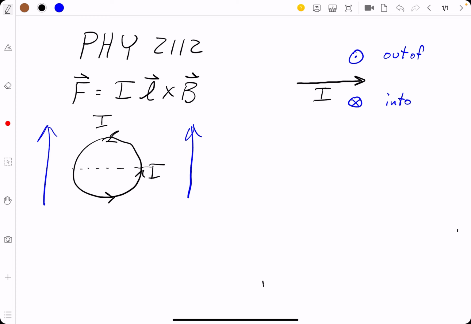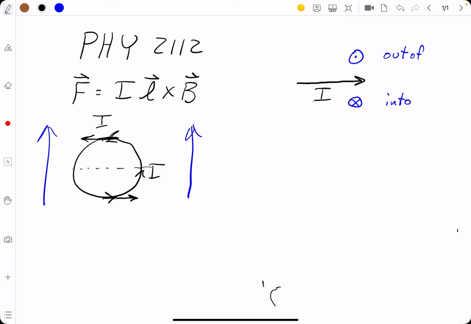It's different, right? So let's just look at this one spot, and we'll look at this one spot, and we'll do I cross B.